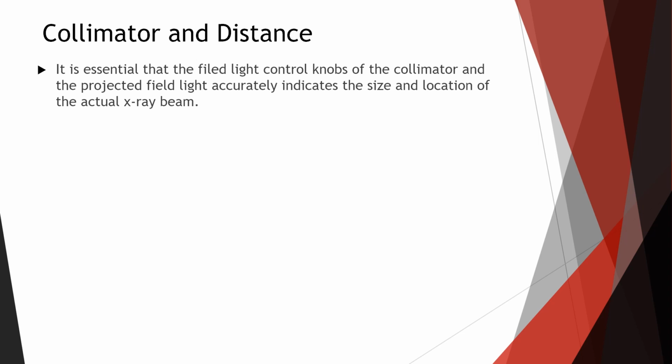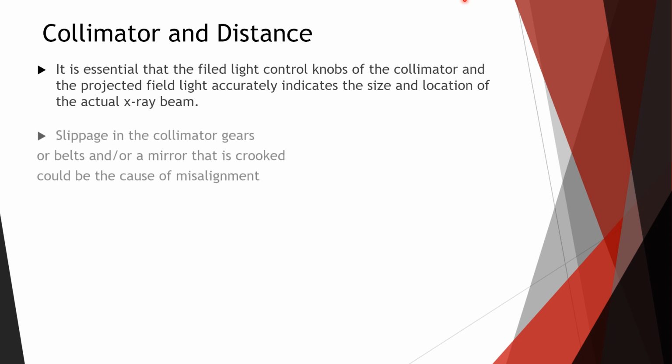It is essential that the field light control knobs of the collimator and the projected field light accurately indicate the field and location of the actual X-ray beam. Just because the light is shining on a certain area, is the X-ray beam actually exposing that area? That's the question we need to ask ourselves here, and that we're going to test for.